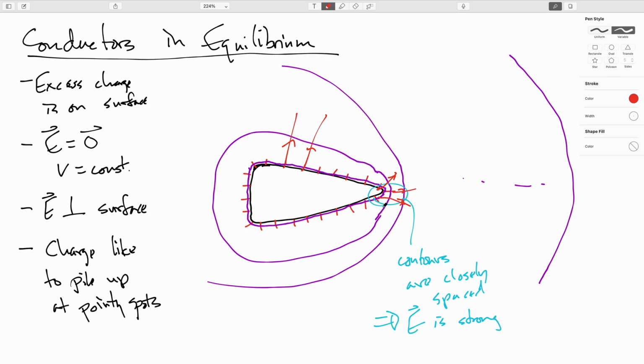But if I have a stronger electric field, we know that near any surface, the surface charge density has to be proportional to the electric field strength. So therefore, the surface charge density is high.